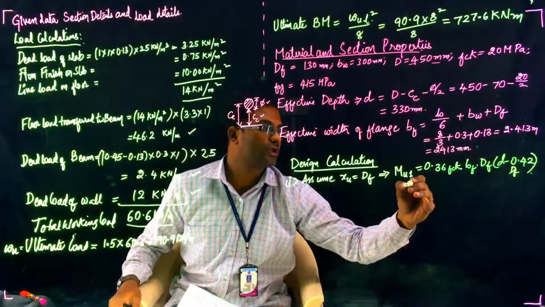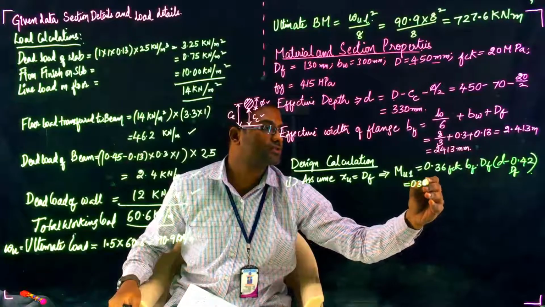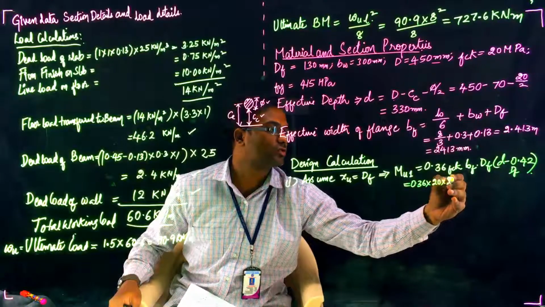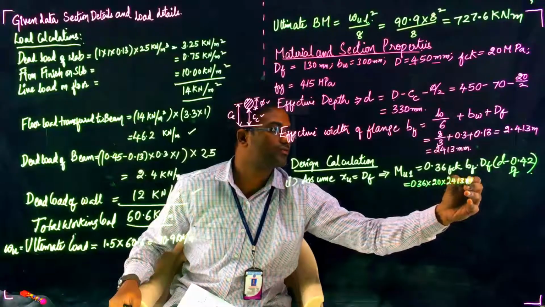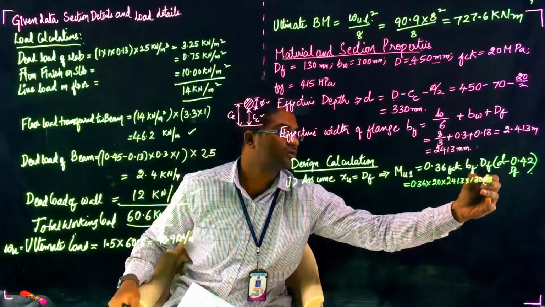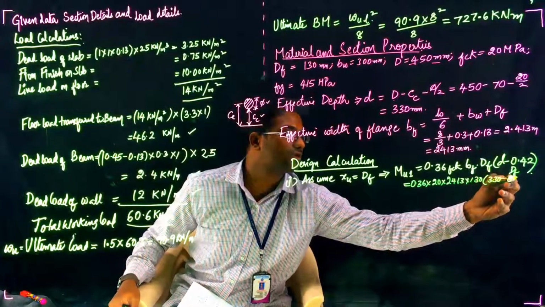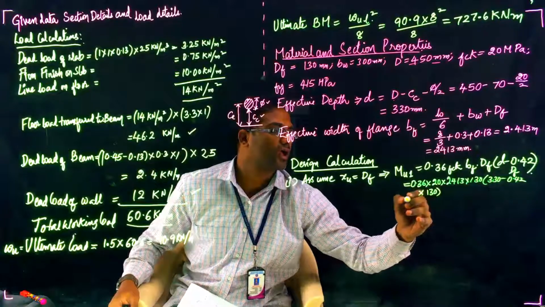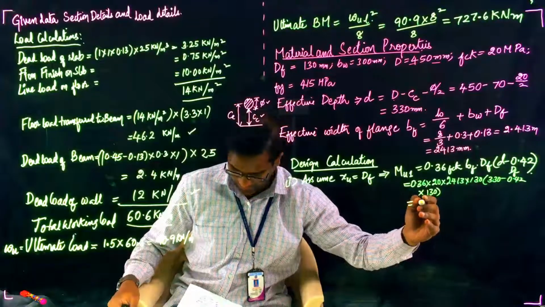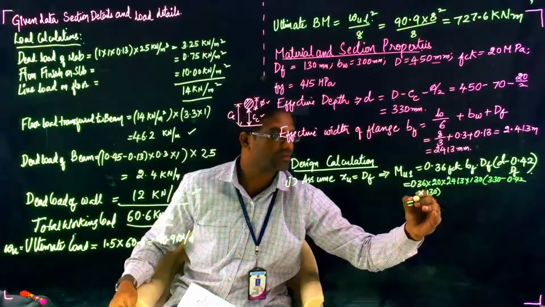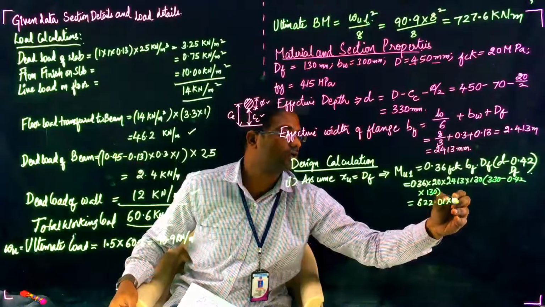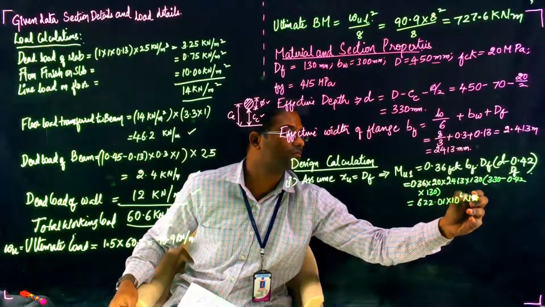Now if you calculate this, that is 0.36 into fck is 20, bf is 2413, Df is 130, d is 330 minus 0.42 into Df is 130, and you will get a value of 622.01 into 10 power 6 Newton mm.